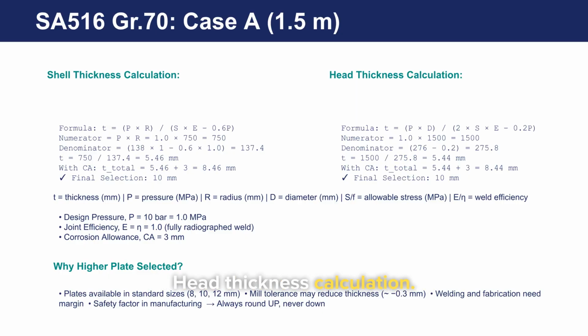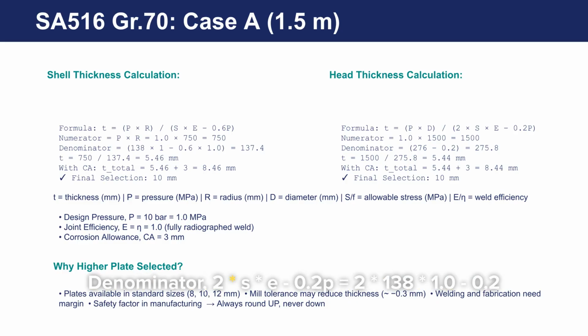Head thickness calculation. We use the formula T equals P times D divided by 2 times S times E minus 0.2 P, where D is the internal diameter. Substituting, D equals 1500 millimeters. Numerator, P times D equals 1.0 times 1500 equals 1500.